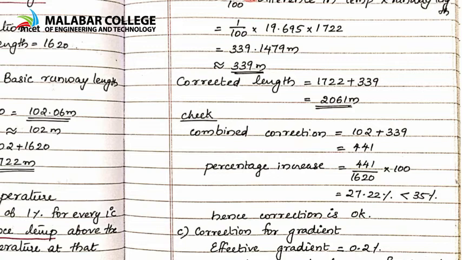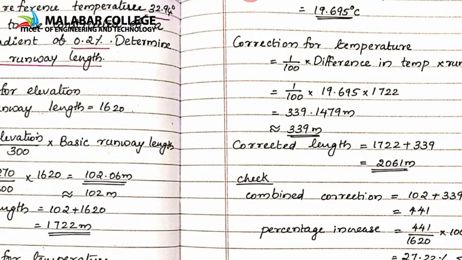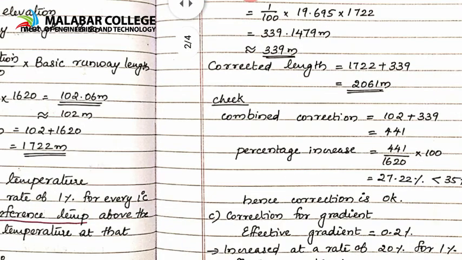Percentage increase is equal to the combined correction divided by the basic runway length into 100. Here we use the basic runway length, that is equal to 27.22%. It is less than 35%. Hence the correction is okay. The correction for elevation plus correction for temperature should be less than 35%.